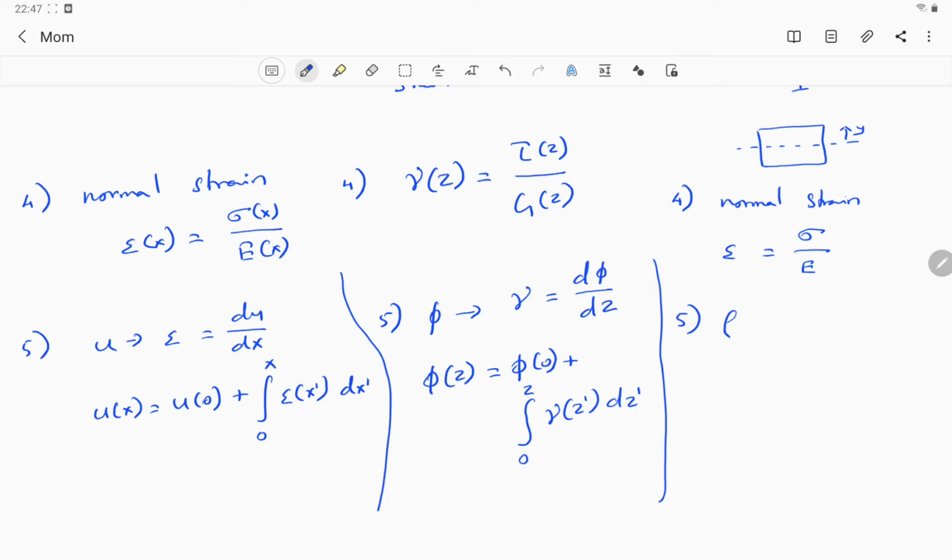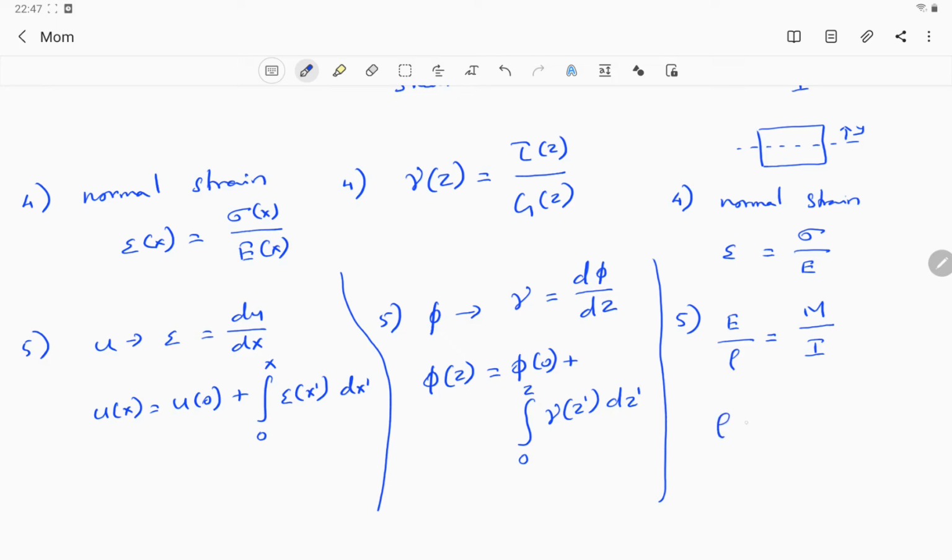Let me directly write the formula: E by rho is equal to M by I. We'll be using this formula to calculate the radius of curvature.